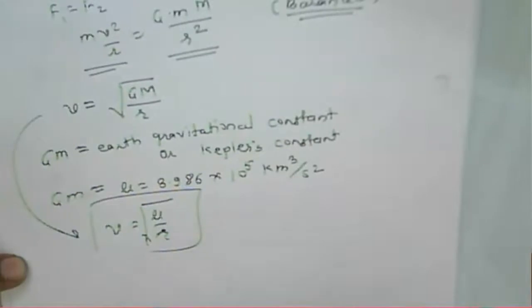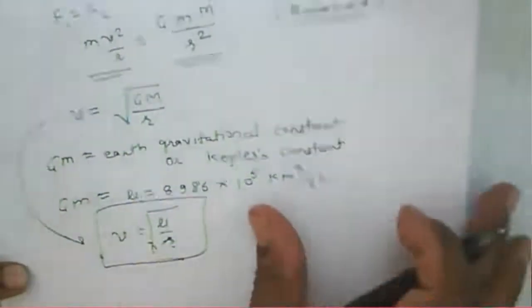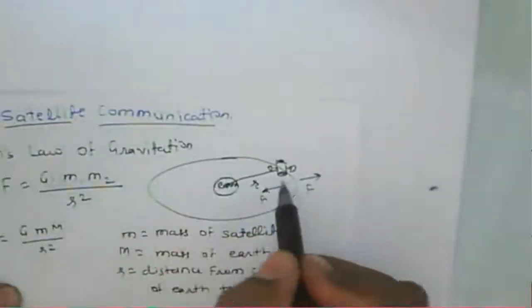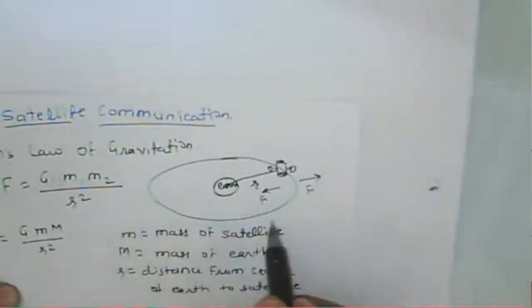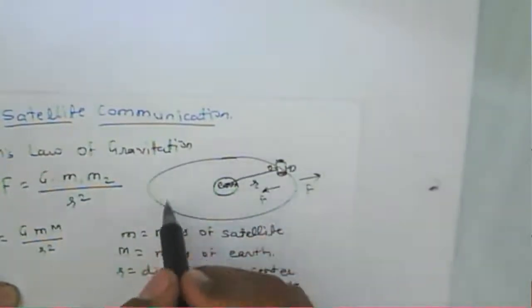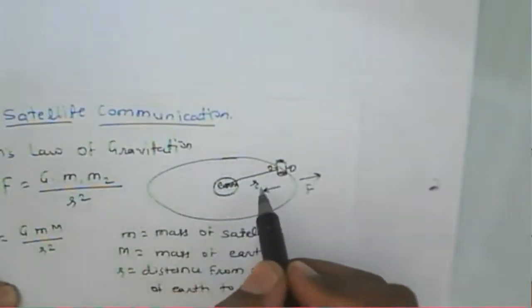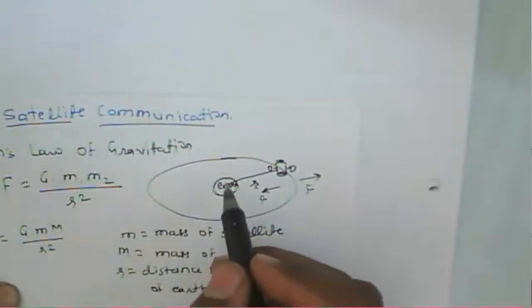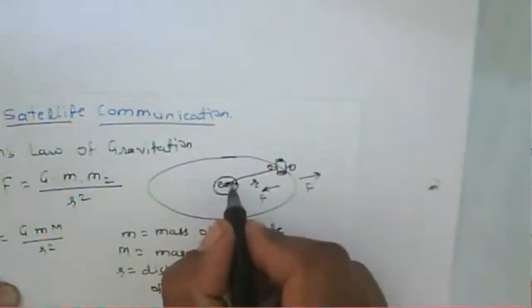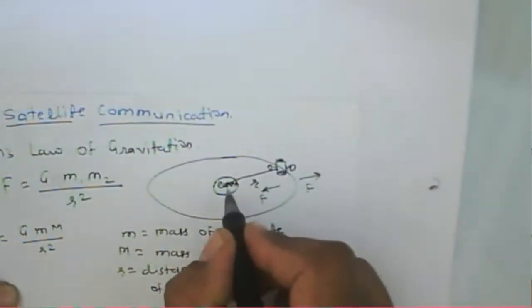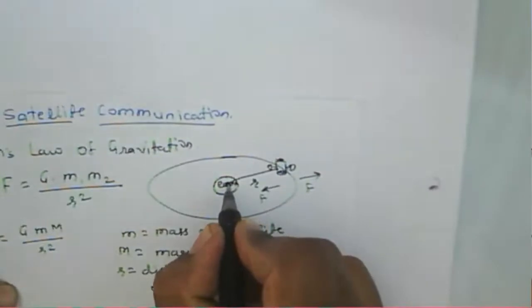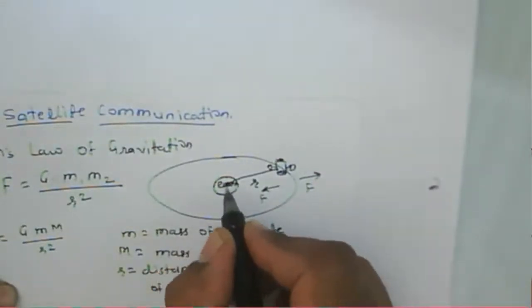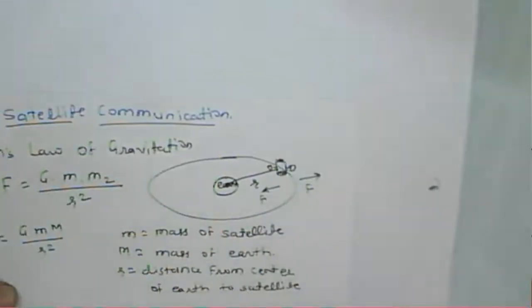That is the equation of the velocity of a satellite in the orbit, with a distance r from the center of the earth.